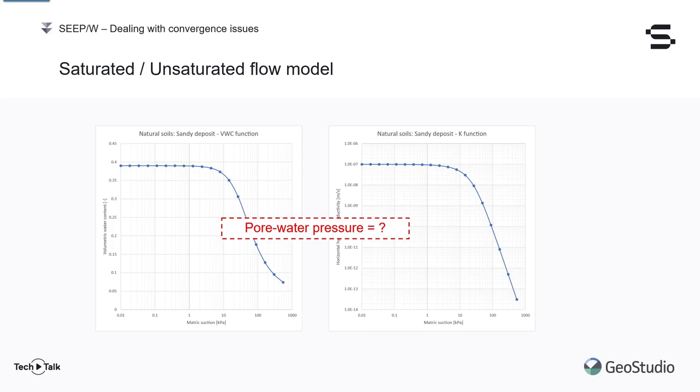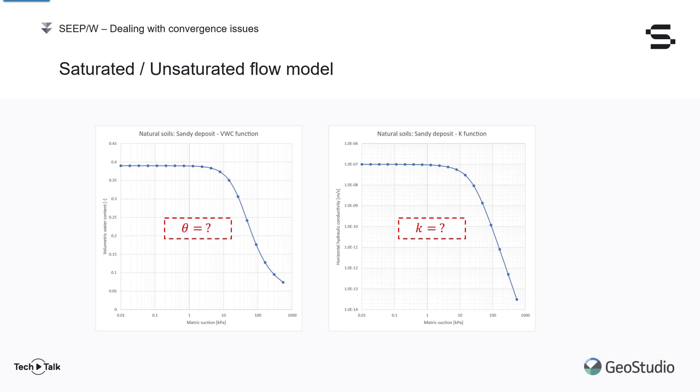To achieve this, we first need to know the volumetric water content and hydraulic conductivity at every point in the domain. However, referring to the characteristic plots we see here, to get this data we first need to know the pore water pressure. So it seems we must know one to know the other, but we must know the other to know one. Clearly, hypotheses will need to be made to get us going.